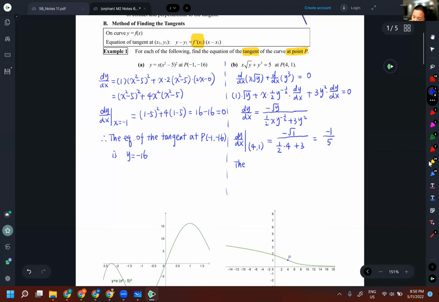So the equation of the tangent at P(4, 1) is y minus 1 equals -1/5 times (x minus 4). And then I simplify: 5(y minus 1) equals -x plus 4. And then I get x plus 5y minus 9 equals 0.